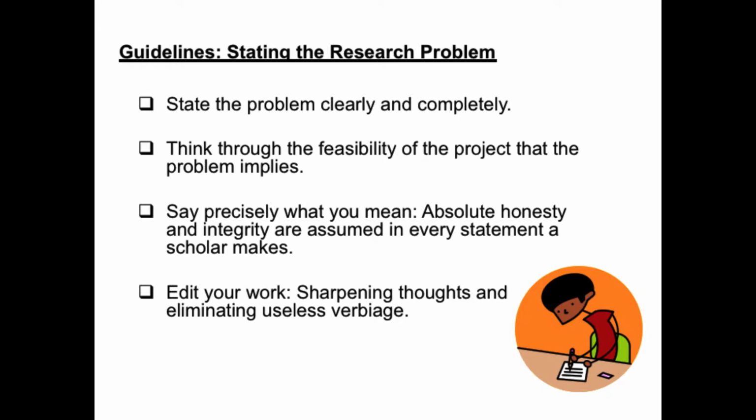So thinking through the logic and the feasibility, the scope of the problem is a necessary ingredient at this very early stage. And of course, once again, the editing of your work can sharpen those thoughts and make your communication clear. What is it that you want to accomplish, what is the task that you want to do for your research.